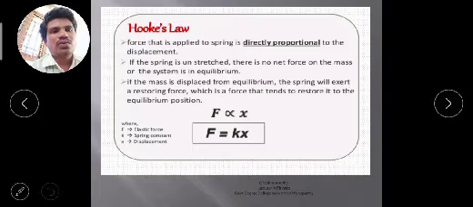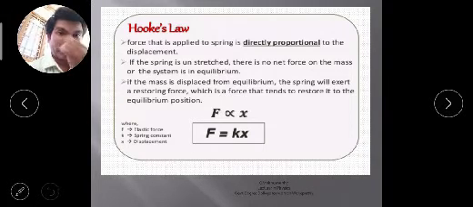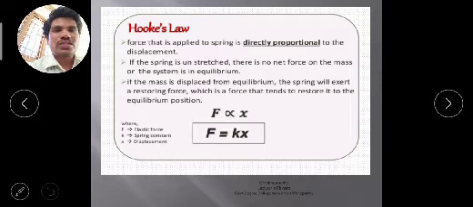Now Hooke's law. From Hooke's law, we will discuss the simple harmonic motion. The force that is applied to a spring is directly proportional to the displacement, as we already discussed in previous classes. So when the force is higher, the displacement will be higher.